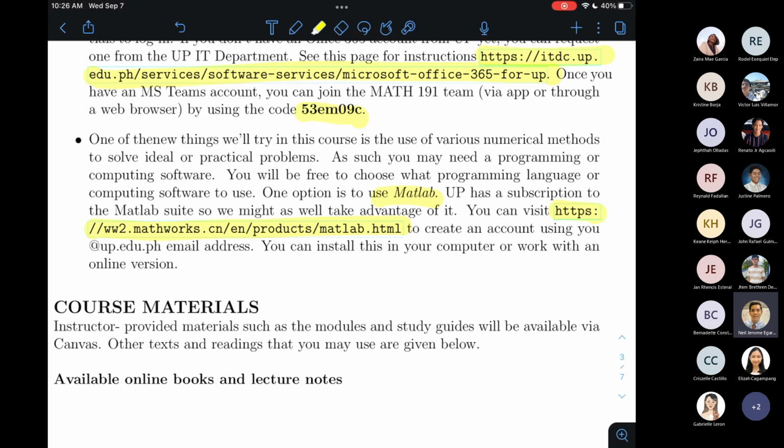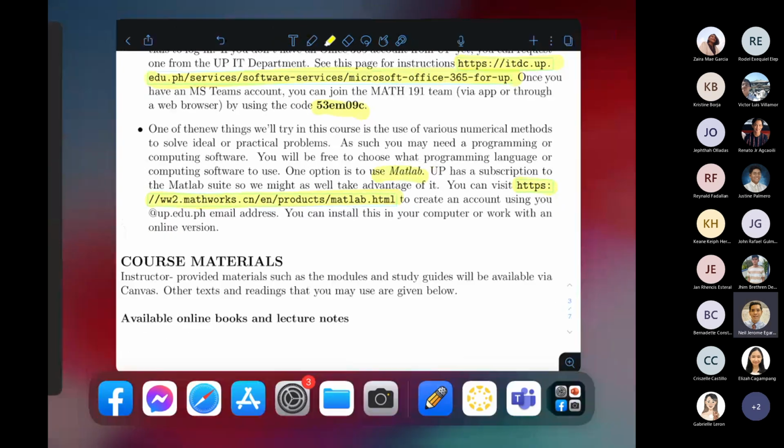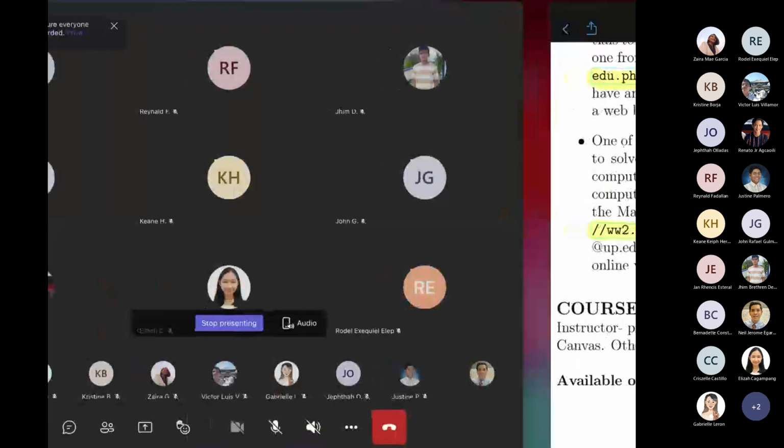Jerome, may question ka? Sir, can you hear me? Yes. Okay. I'm just having issues following because I'm doing it on browser and I'm having a difficult time with MS Teams. I can't even see what you're showing because it's just showing me a grid with all of your profiles. Sometimes may glitch ng ganyan si Teams. So hold on, let me reshare my screen.